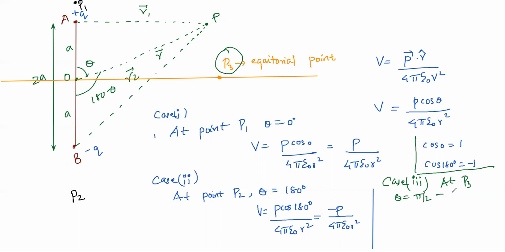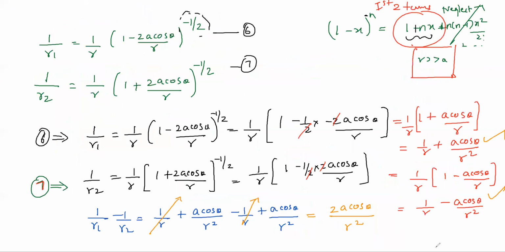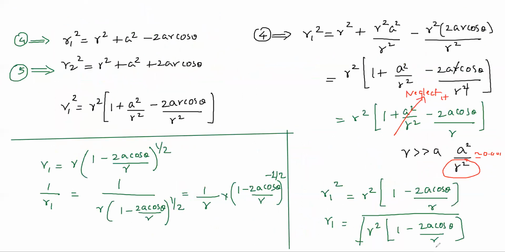So we have cos 90 equal to 0, so the potential is 0. So that's the end of our discussion of electric potential due to a dipole.